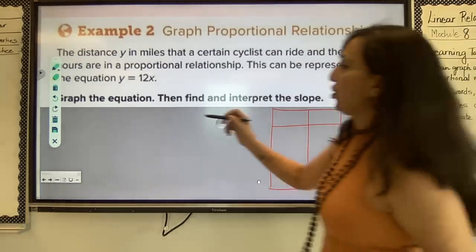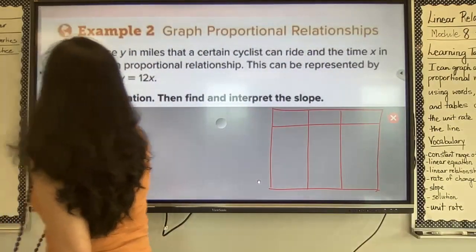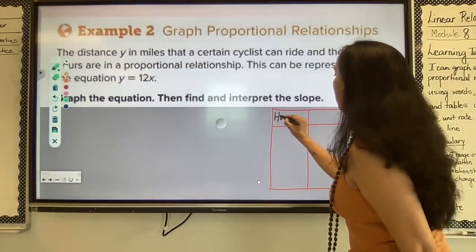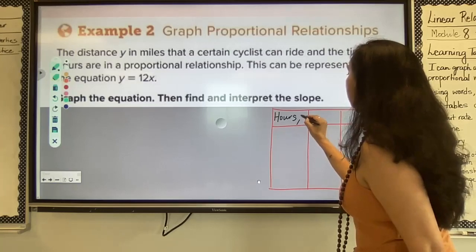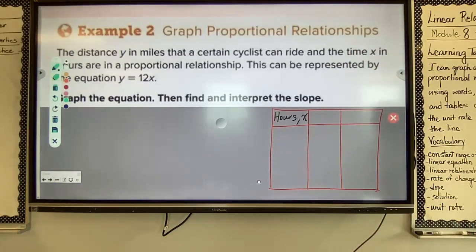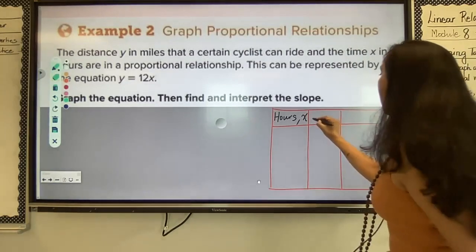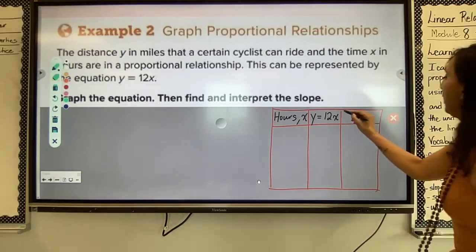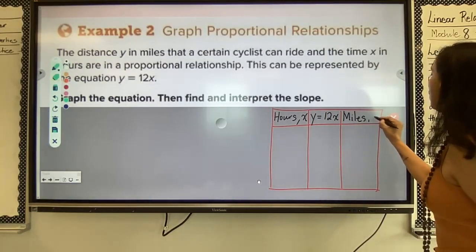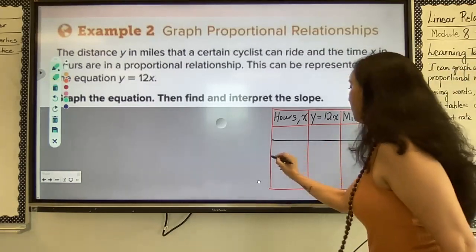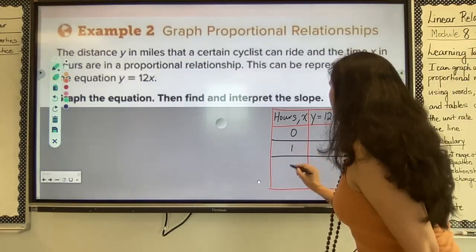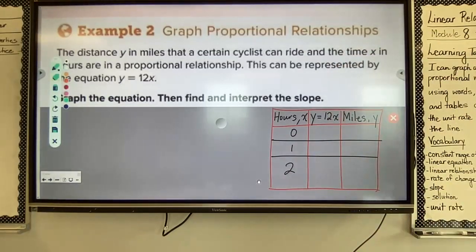We have hours, which is x, and then the rule is y is equal to 12x, and then we'll have the miles, which is y. Then let's have at least 3 points. So let's say hours is 0, 1, and 2. And what is y?